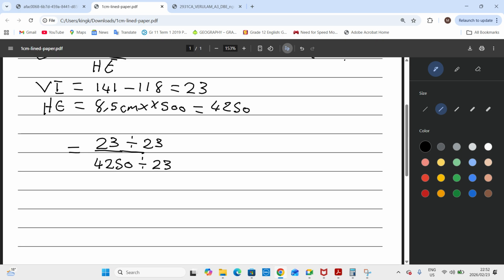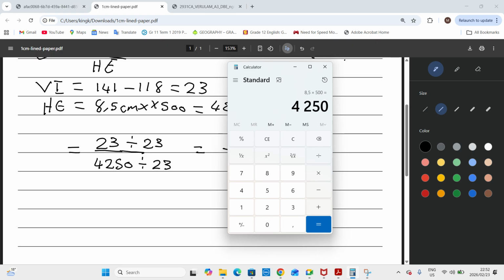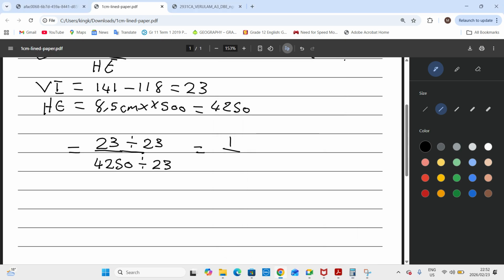Now, what do we get here in this case? This will be equal to 1 over, let's get our calculator, 23, 184,7. So this is 1 over 184,7. Technically, we are done here, but no. Gradient is represented in a ratio format.